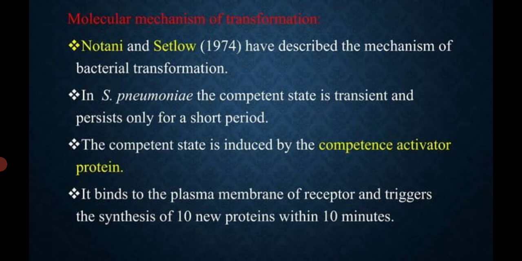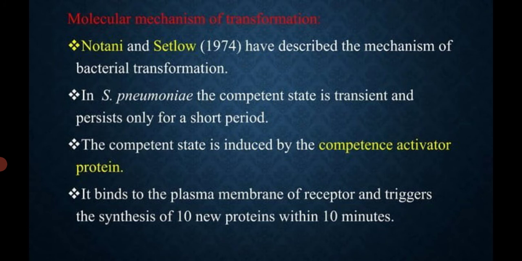Competence usually develops at the end of the log phase, just before the stationary phase. In Streptococcus pneumoniae, development of competence requires 90 to 100 minutes after beginning and it lasts for 7 to 15 minutes. But in Bacillus it requires several hours.